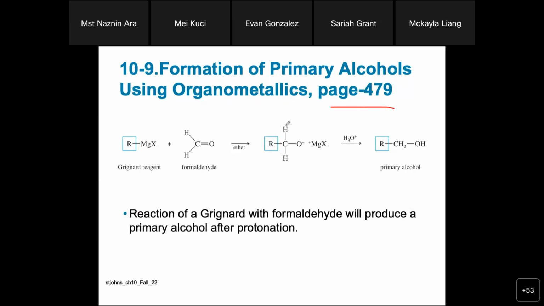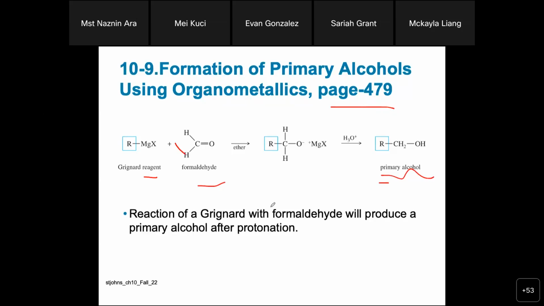If you have an aldehyde like formaldehyde and a Grignard reagent, it will form a primary alcohol. And if you have an alkyl group here, you may think it can be secondary or tertiary like that. Even if you have more branching ketone, the reaction can continue further and can even produce the acid.